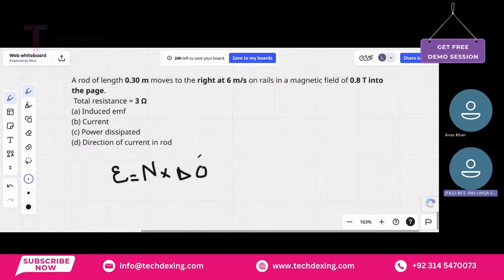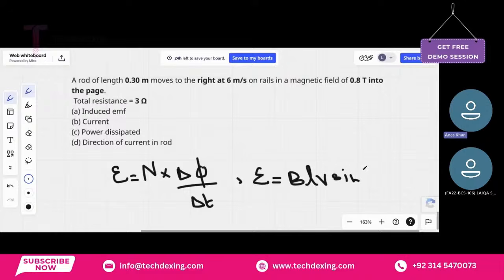And the second one is E is equal to BLV sine theta. So according to the information given in the question, which one should we use? BLV sine theta, because we're given the length and velocity. Yes, very good.